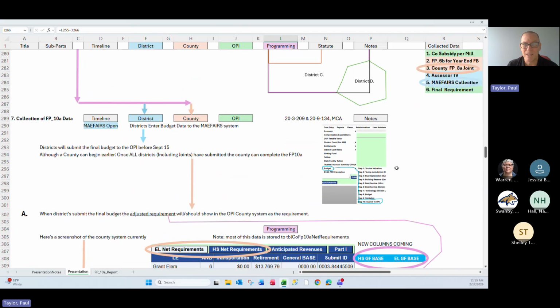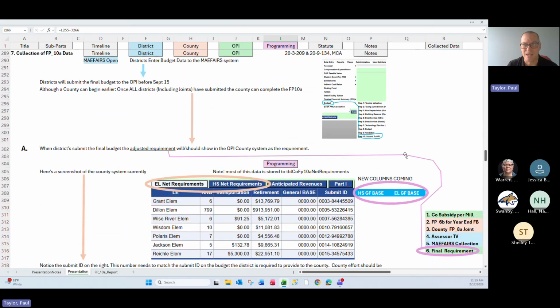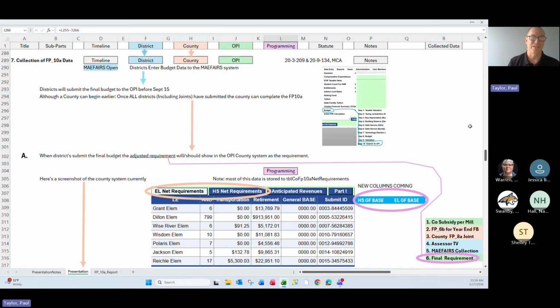So really the next phase of the conversation, and that's why I wanted to stop there for a second, goes into talking about what we call the FP10A process. It's a county process that currently exists out there. Counties are aware of it. I'm hopeful the districts get some education on this too, so that you can see that we're all playing the same game.